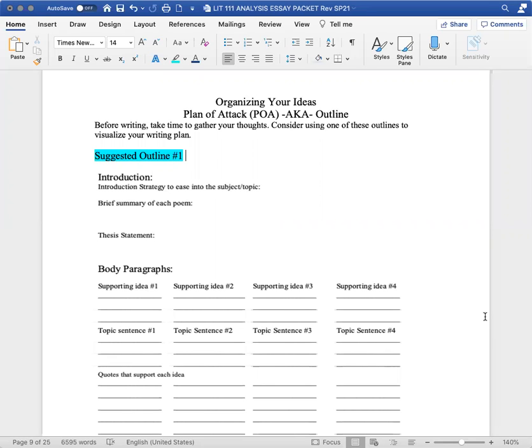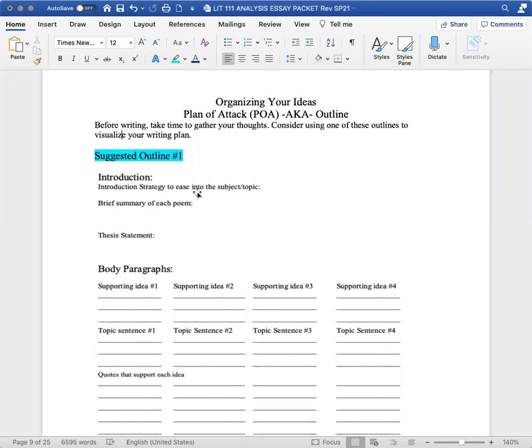There are many strategies for writing academic papers. Not all of them will fit this assignment, so keep that in mind. But I have introduction strategy here because you need to employ some strategy to ease into the topic, the subject. Now, don't get too lofty, all right? My advice is you can use a quotation, like a famous quote device.